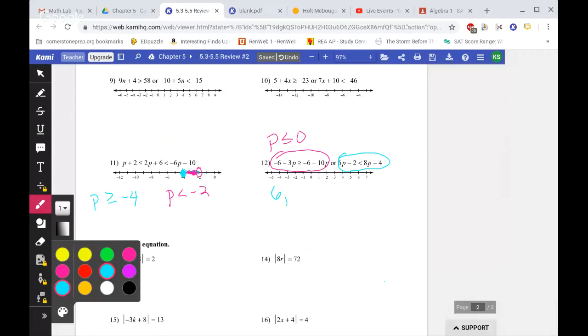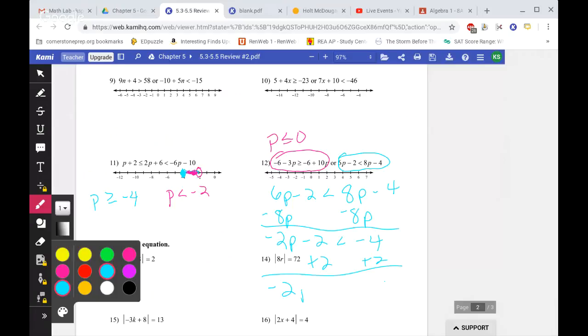So 6p minus 2 is less than 8p minus 4. Once again, I'm going to get my variable on the left-hand side. It's just so much easier for graphing. So now I have negative 2p minus 2 is less than negative 4. I'm going to add 2 to both sides.